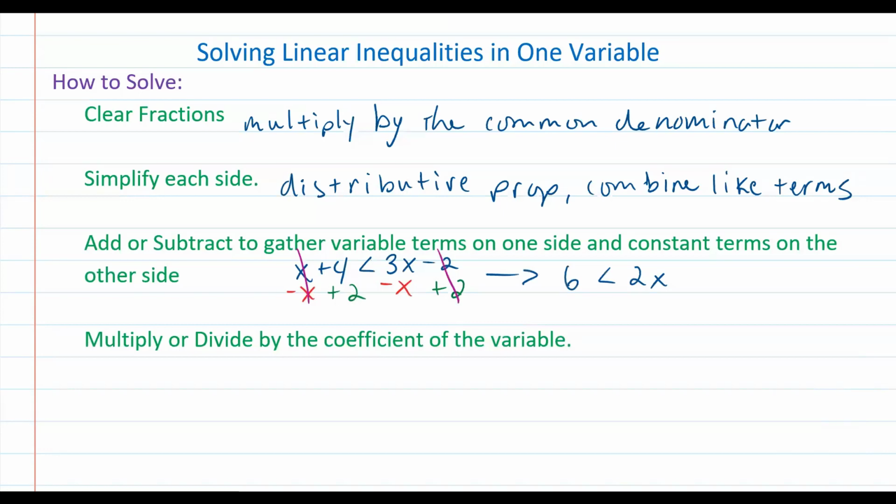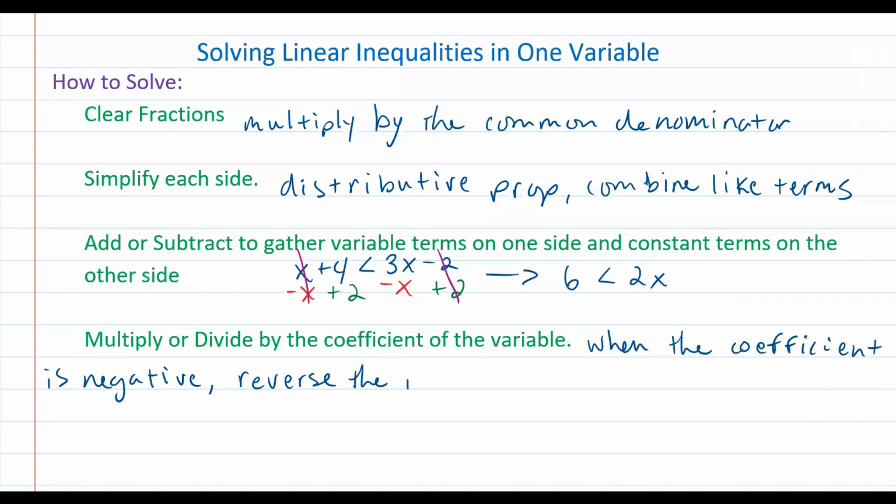Next, we're going to multiply or divide by the coefficient of the variable. Now, when the coefficient is negative, you need to reverse the inequality symbol.